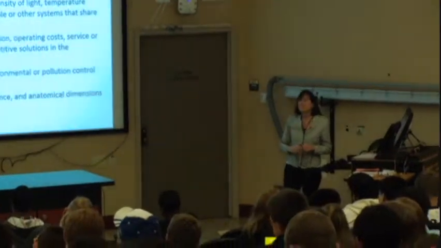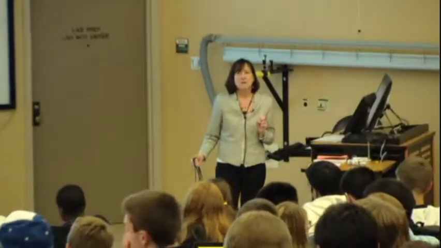Economic, legal, ADA, other kinds of things that you need to comply with. So these are broad ways of evaluation criteria, that if you think about specifications, identifying criteria in each of these areas is important.